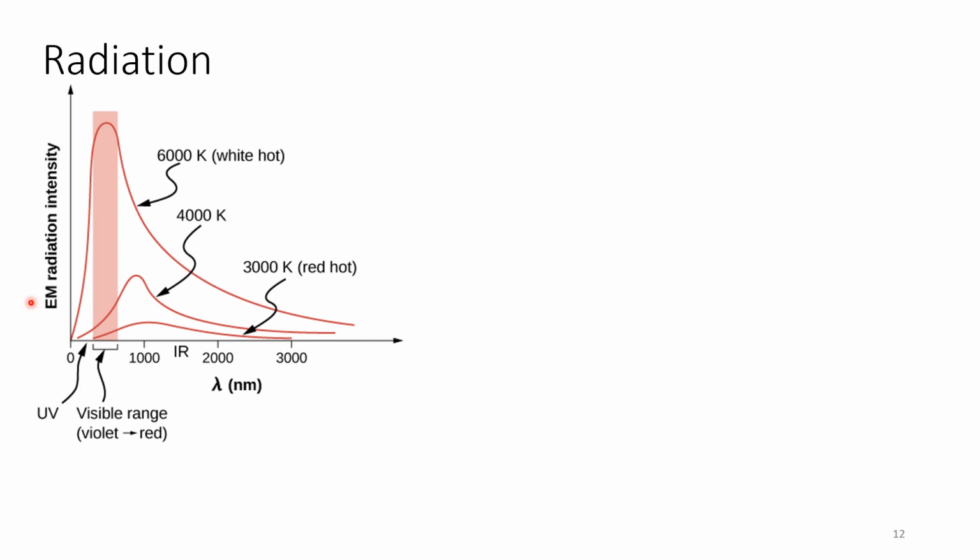This is a graph of the spectra of electromagnetic waves emitted from an ideal radiator at 3 different temperatures. The intensity, or the rate of radiation emission, increases dramatically with temperature, and the spectrum shifts toward the visible and ultraviolet parts of the spectrum.